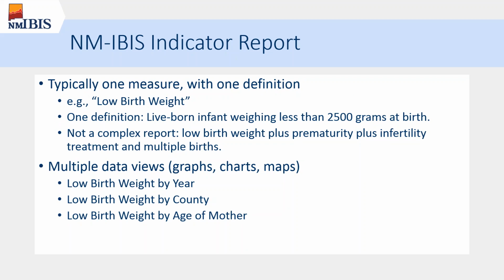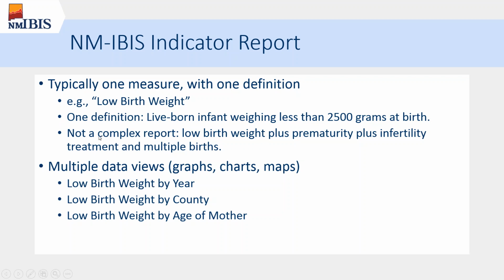So typically, an indicator report is just one measure with one definition. For instance, low birth weight is a public health measure, a priority measure of an important population health topic. It has one definition: a live-born infant weighing less than 2,500 grams at birth.